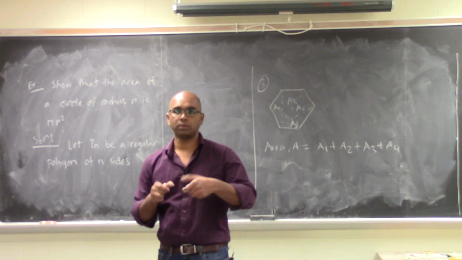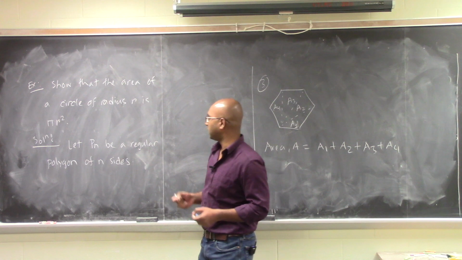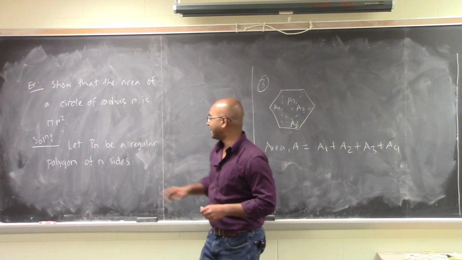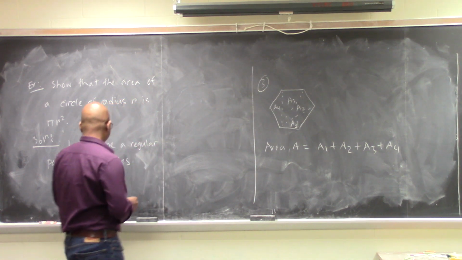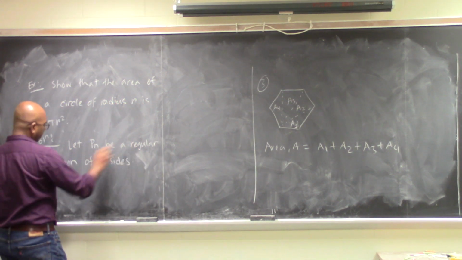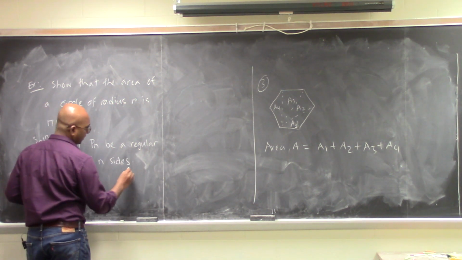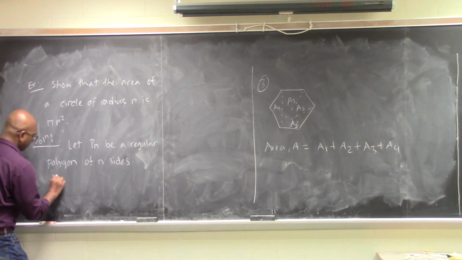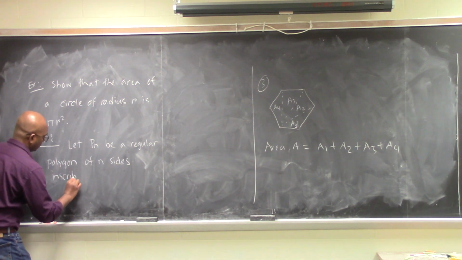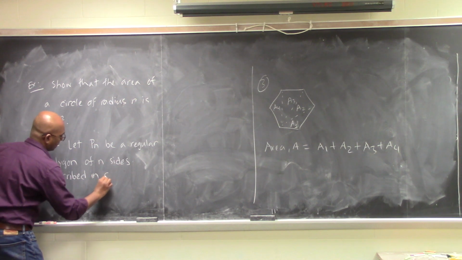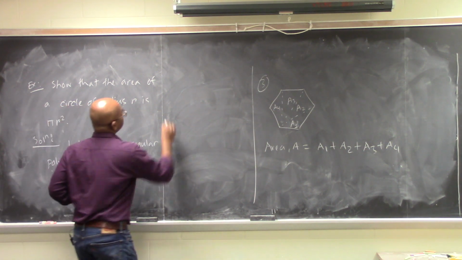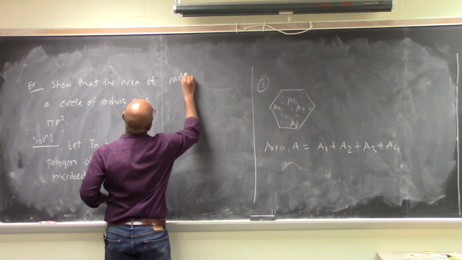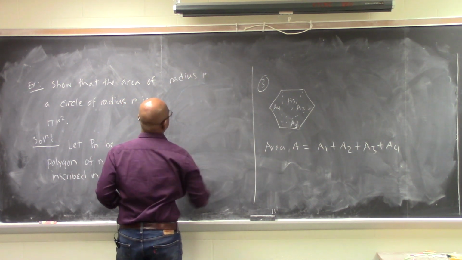Okay, polygon whose all the sides have same length is called a regular polygon, and it has n sides. Oh, sorry, I need to say something else. Let Pn be a regular polygon of n sides inscribed in a circle of radius r. Okay.